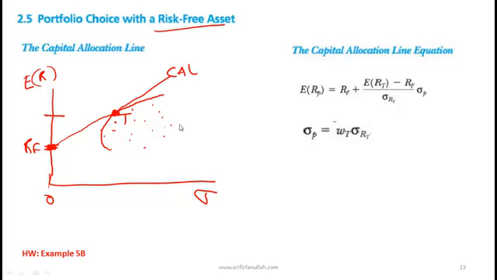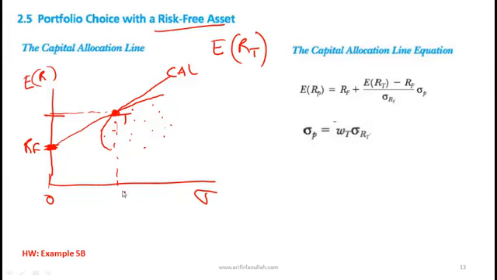What is the return at this point? That expected return is the expected return of RT, with the subscript T. What do you think the T stands for? That's the point of tangency. And what do you think this thing is called?